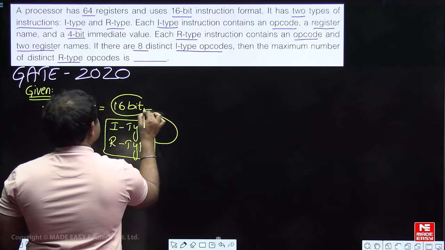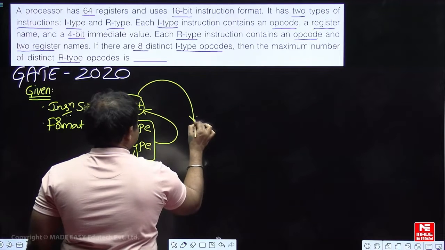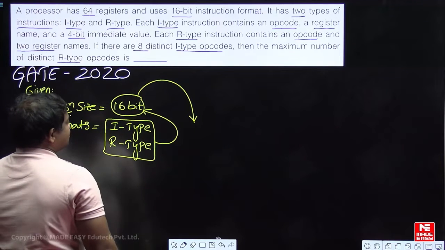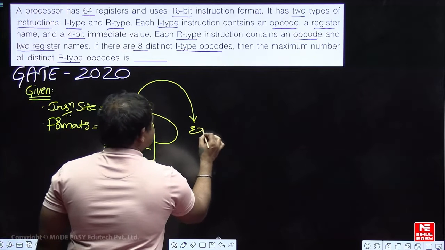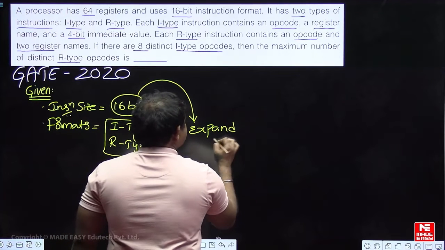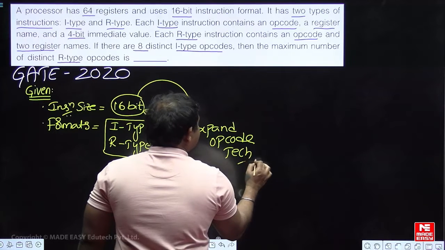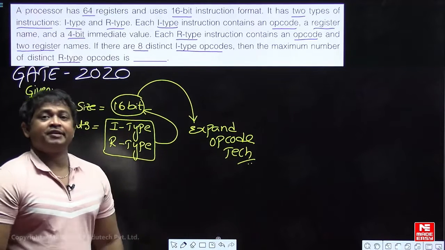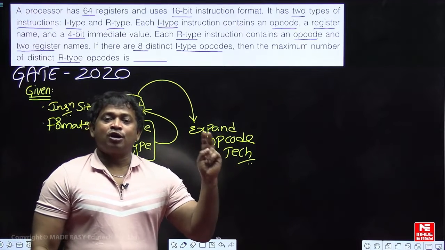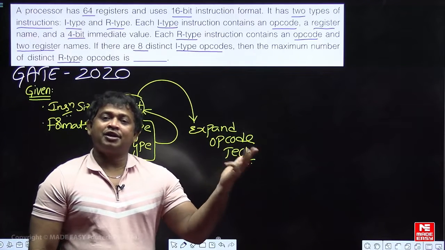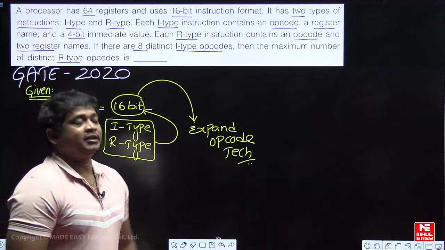Fixed length instructions using different formats compulsorily require the expand opcode technique. So the expand opcode technique is used to implement different instruction formats on fixed length instructions. Instruction length is fixed, formats are different, so we use the expand opcode technique to design the different formats.